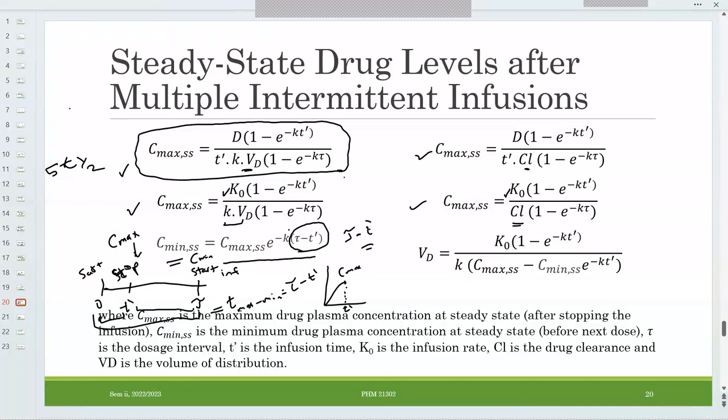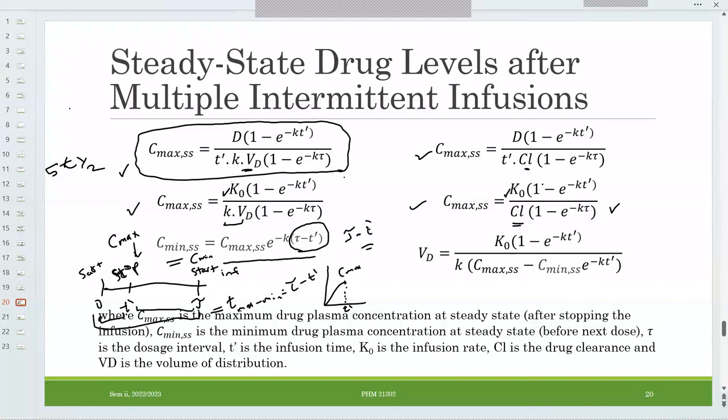Okay? So here it is different from the equation used in IV bolus. Here the time between Cmax and Cmin is tau minus T prime. Why? Because Cmax is not at time 0. Cmax is at the T prime time, the time we stop the infusion.